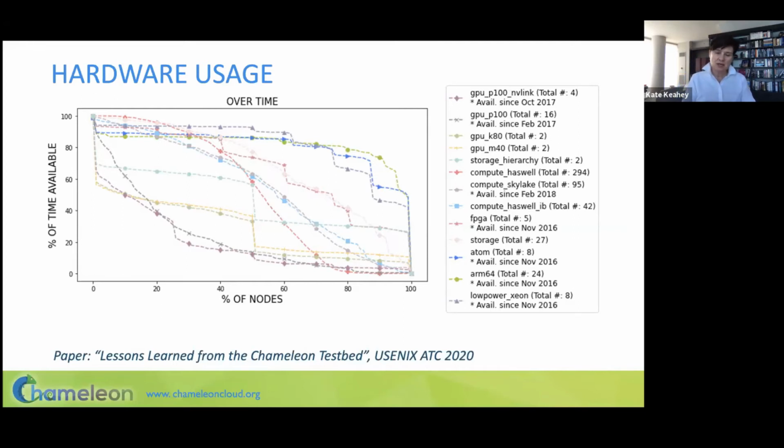So Chameleon is almost all bare metal reconfigurable, but we do have a couple of racks where we run virtual machines, and that's very useful for educational projects. But what happens with virtual machines is that people very often use images that they downloaded from the internet, and very often forget to change the admin password on those images, right?